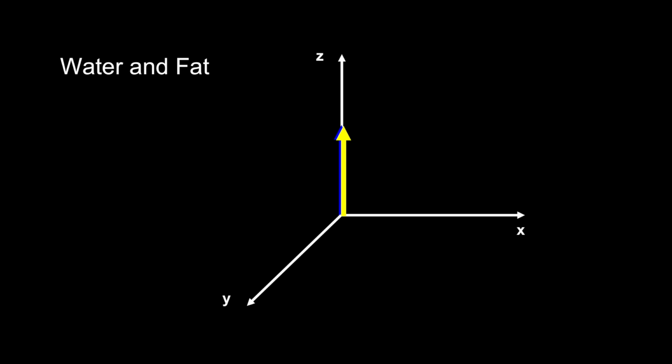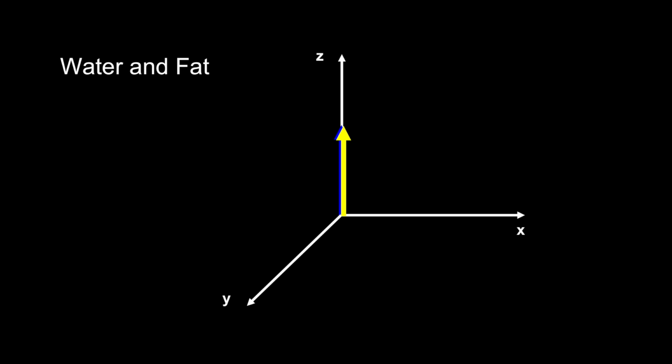So let's start diving into what tissues are going to look like on these T1 and T2 weighted images that you're going to be looking at, using the concepts that we've learned of relaxation. Remember, in MRI, we're really only imaging hydrogen atoms in water and in fat, mostly water. So let's start by considering pure water and pure fat.